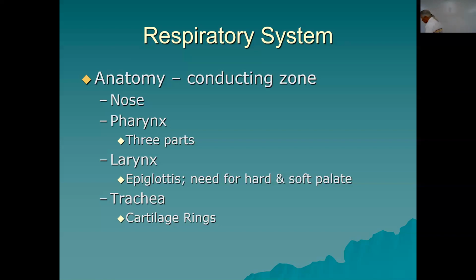Okay. The trachea has to be held open for air to go into it. So it has cartilage rings. Your esophagus, if you're not swallowing, is collapsed because it's just muscle and connective tissue. The trachea is muscle and connective tissue plus cartilage rings to keep it open at all times.